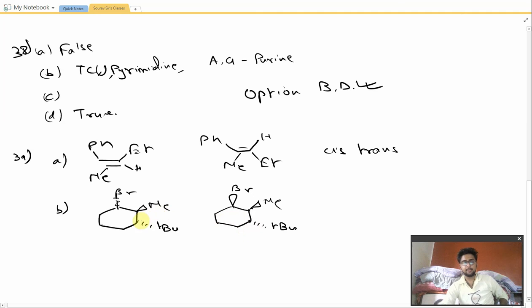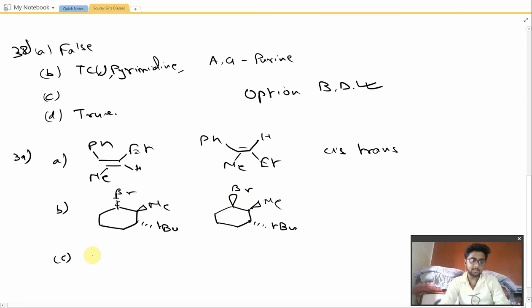As the tertiary butyl group is there, no flipping would be taking place. The molecule would be rigid, an anancomeric system would be formed. In an anancomeric system the molecule is rigid, so no flipping is possible. So by flipping, this molecule cannot be converted into this molecule. So these are just diastereomers. So this is also a set of diastereomers.